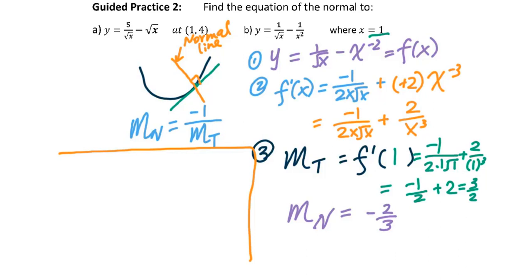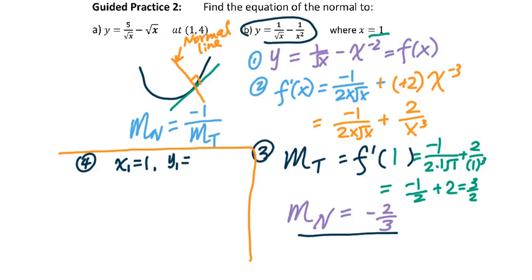We already got the slope. We need a x1, y1. So let's go to 4. x1 is 1. You need to get the y1. That's a substitute 1 into this function. You will get 1 over square root of 1 minus 1 over 1 squared equal to 0. So you have a 1, 0, x1, y1.